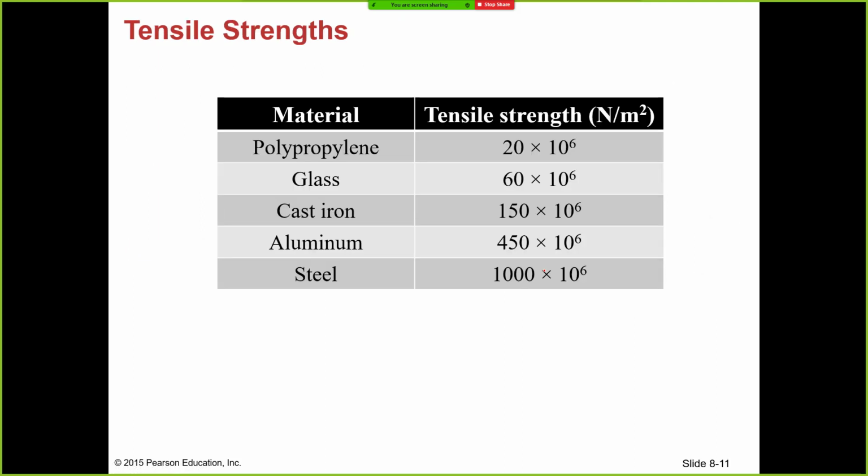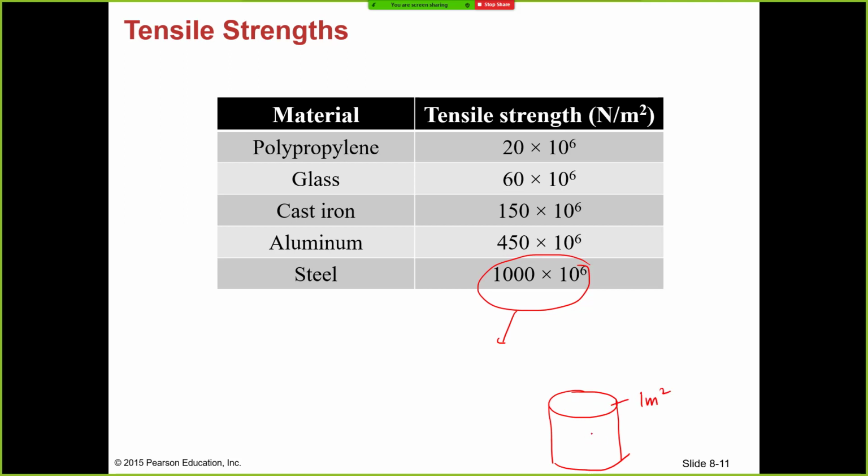So here are some of the tensile strengths of different materials. Steel has the highest tensile strength. It is 1000 times 10 to the 6 Newtons per meter squared. What that means is, let's say you have a steel rod with a cross-section area of 1 meter squared.